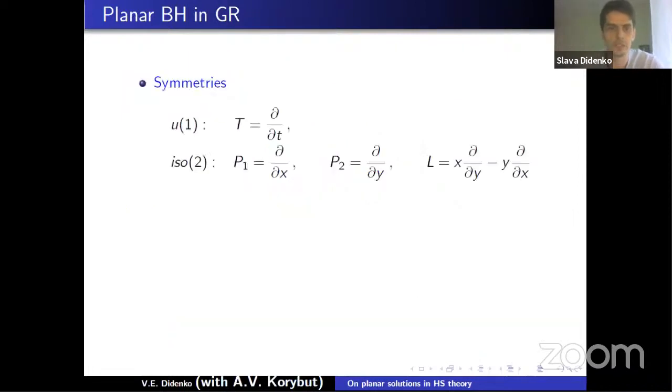The symmetries of that solution are very explicit. It does not depend on t, so it's stationary, in fact static, and also it has the symmetries of the two-dimensional plane.